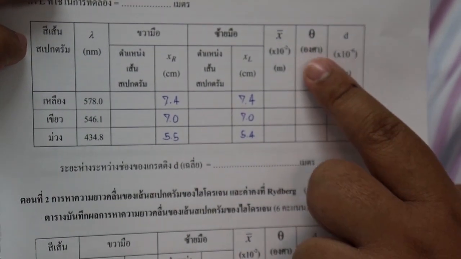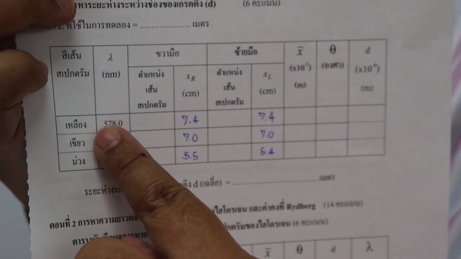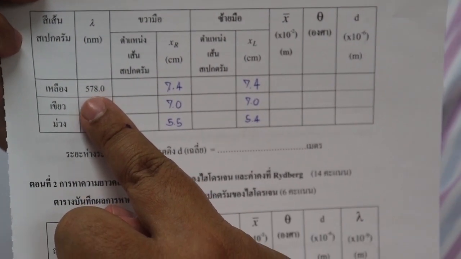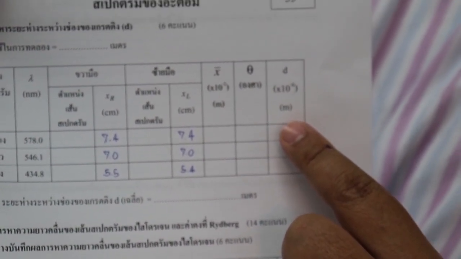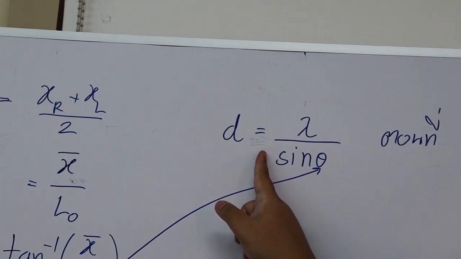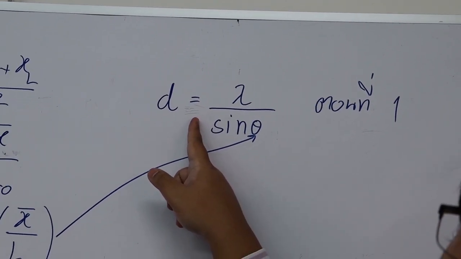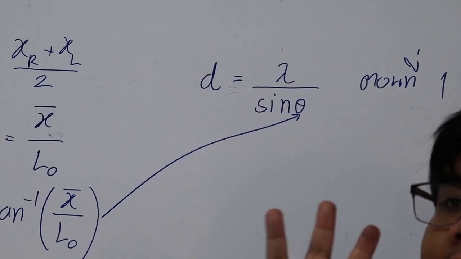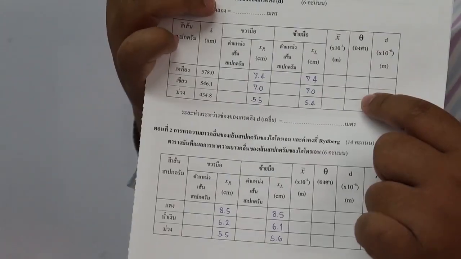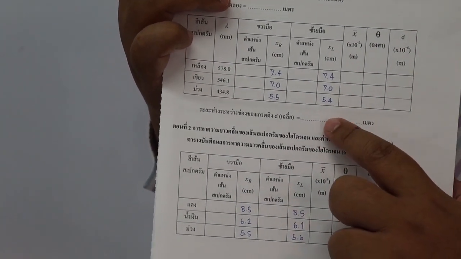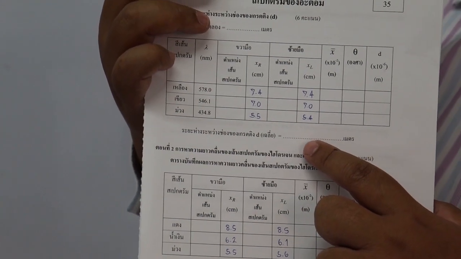After that, you can use lambda to calculate d from this equation: lambda over sine theta. So you get 3 values of d. Write them down, average them to get the average value, and put it here.